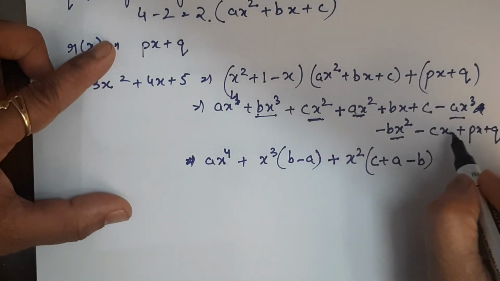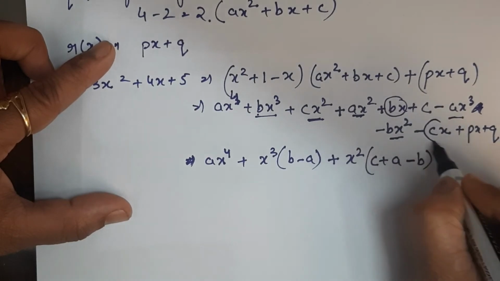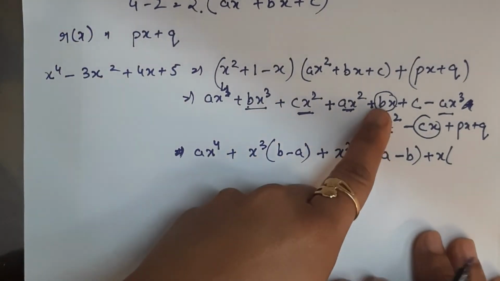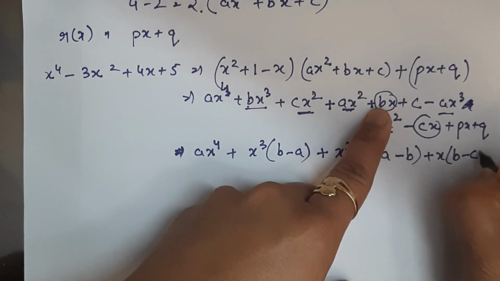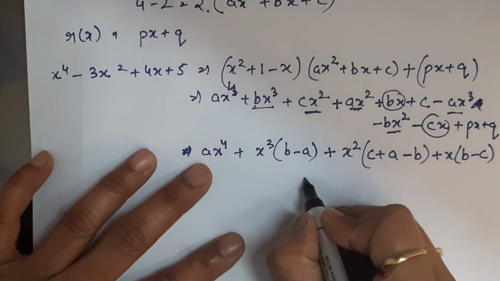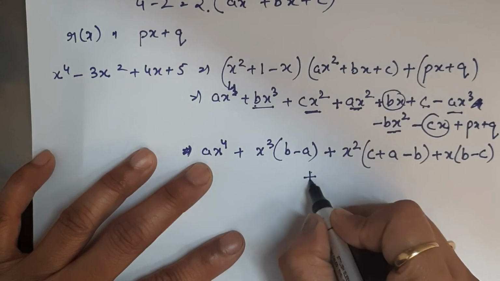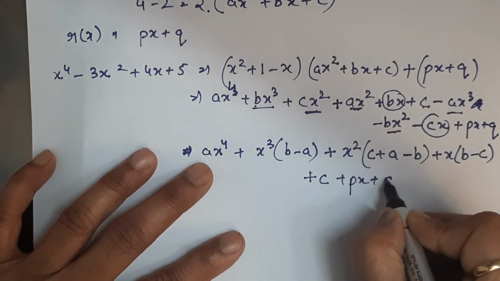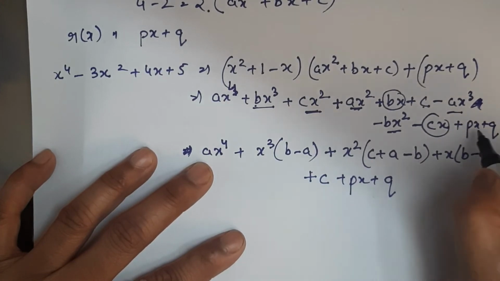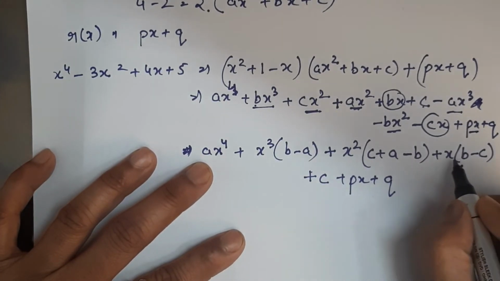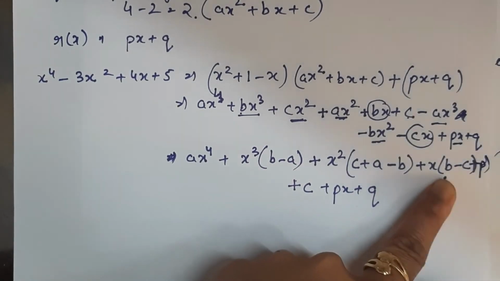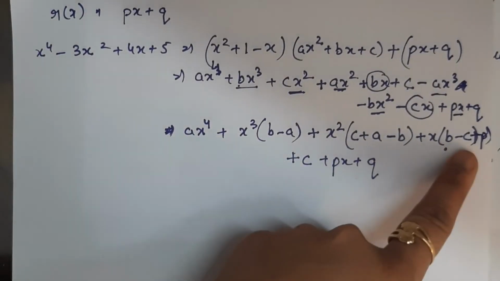Now x: bx, cx. If I take x common, what is left? b minus c. Then plus px and plus q. This px I also have to put here only, so plus p here. It's b minus c plus p.